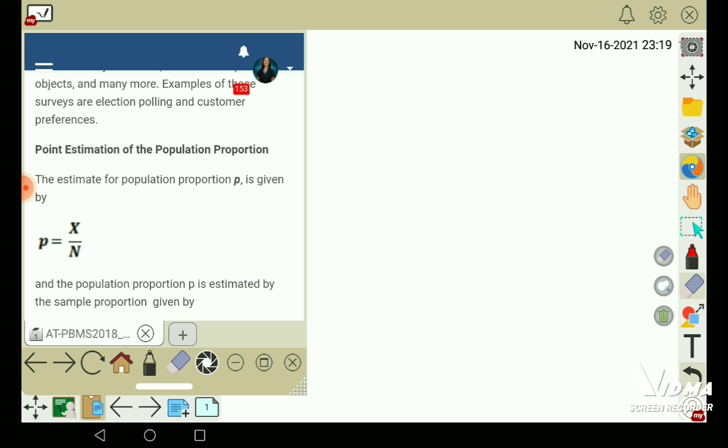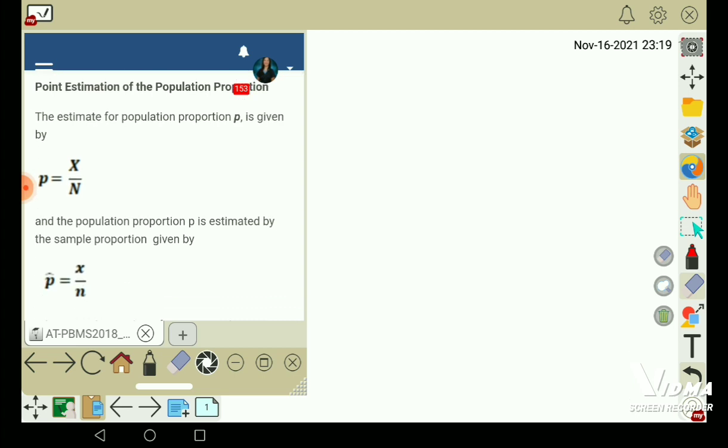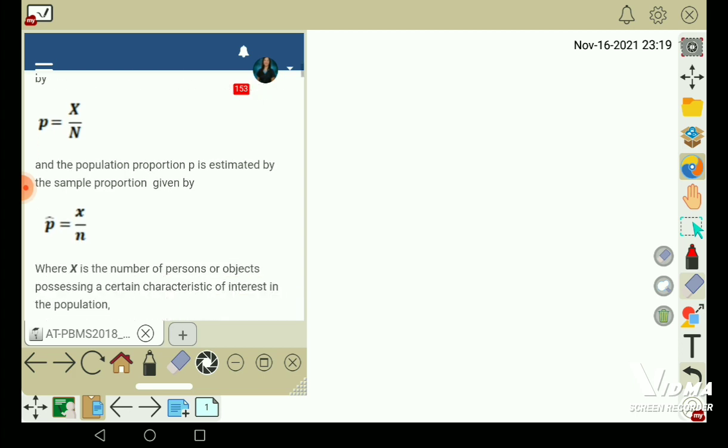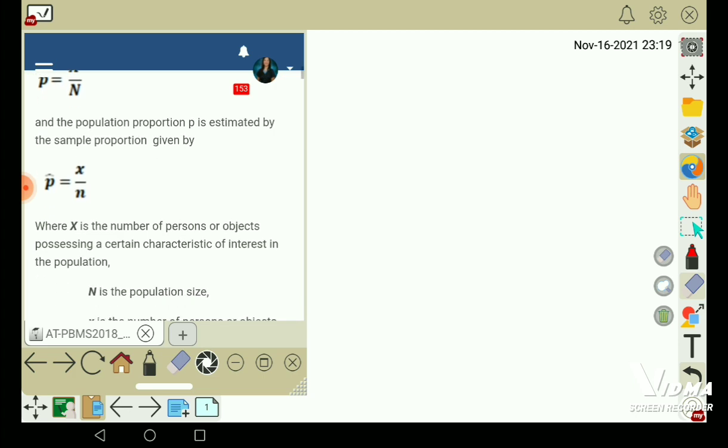The estimate for population proportion is given by the symbol P, with the formula P = X over capital N, where P represents your population proportion and X represents the number of persons or objects possessing a certain characteristic of interest in the population.